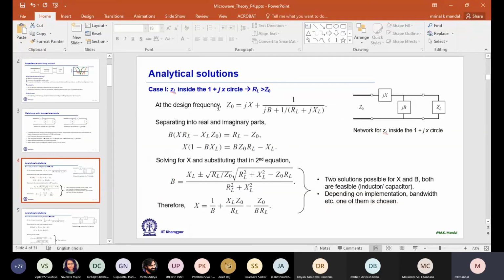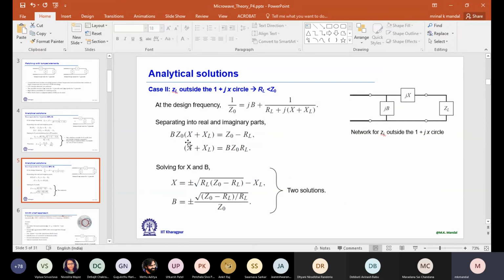In one case, when RL is more than Z0, then we use the first component as jB near to ZL, and when RL is less than Z0, then the first component is jX in series.